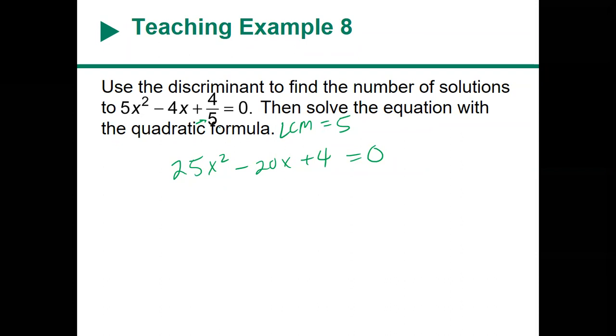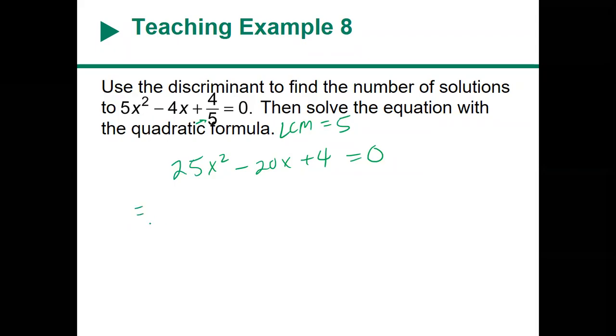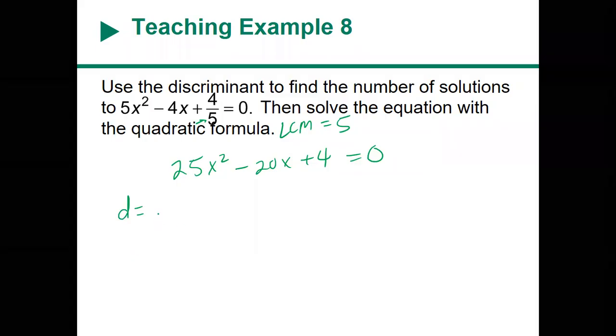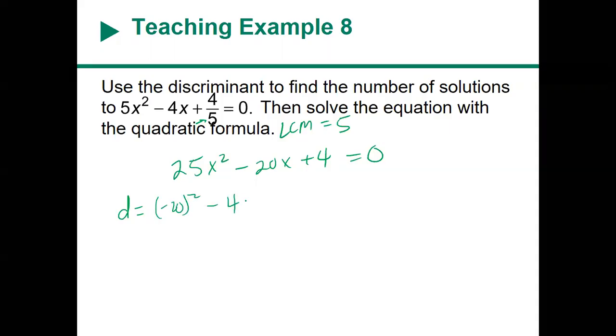It wants us to use the discriminant. So it's going to ask you, what is your discriminant? So using discriminant, y'all saw the D disappear, right? Rude. So my discriminant is b squared minus 4ac.